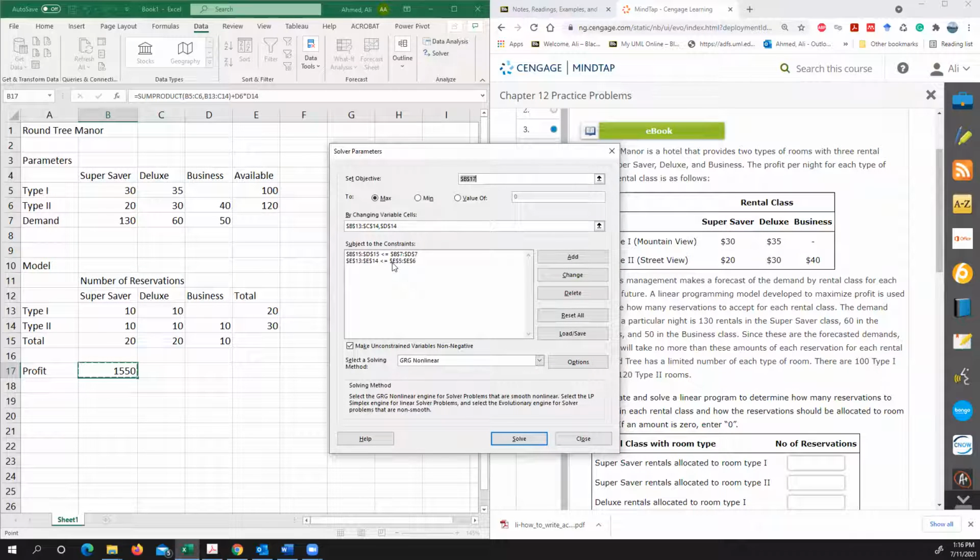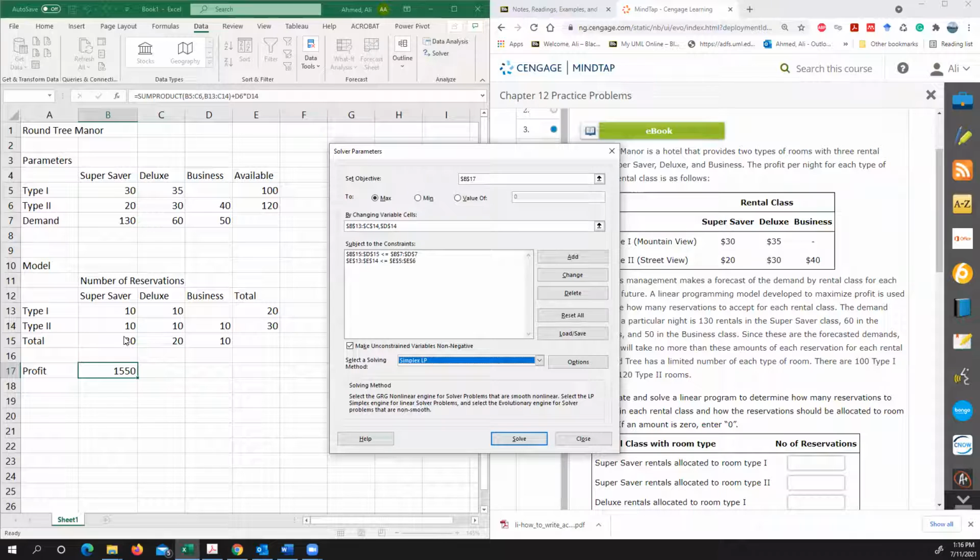So we have two constraints, and we will make this a simplex problem. Make sure this is checked. This shows that each of these has to be above 0. We are not going negative, so we cannot have a negative demand.